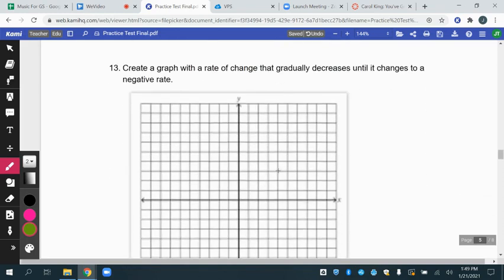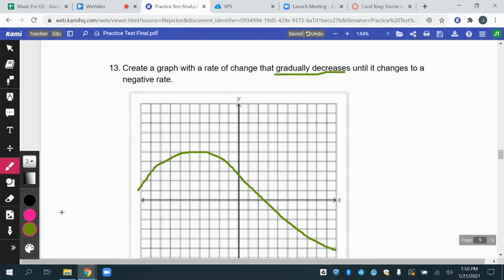Okay? Whereas this one says it gradually decreases. So we're starting out steep, we're getting less steep until it changes to a negative rate. Negative means instead of going up, we're going down. And bada bing, bada boom, there we are, going down. It doesn't say anything about continuing to get steeper after it's negative. You can do all sorts of things with the other end.